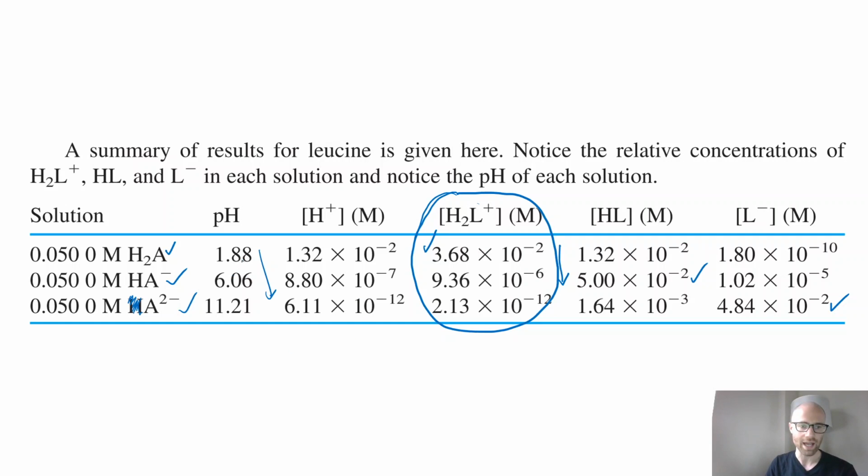Same thing looking at the pH increases, it looks like that the HL concentration goes up and then goes down, and then the L minus concentration actually steadily increases as pH increases. Which is interesting, because then the next logical question is like, well, what happens if the pH is 4, or what happens if pH is 7? And you can see like why it would be helpful to have a formula to let you do that.